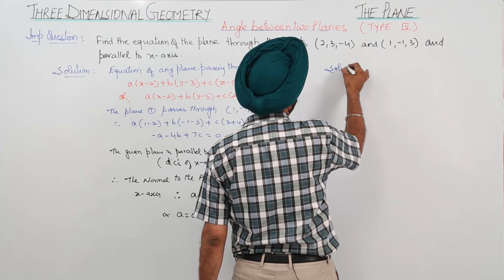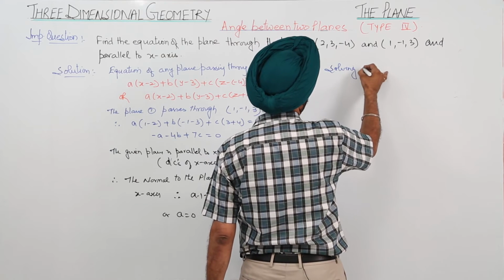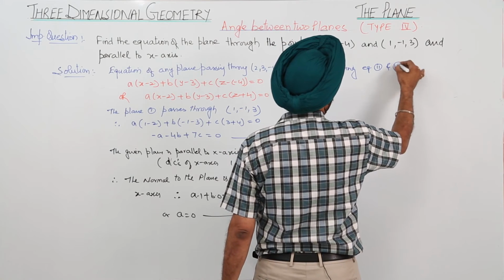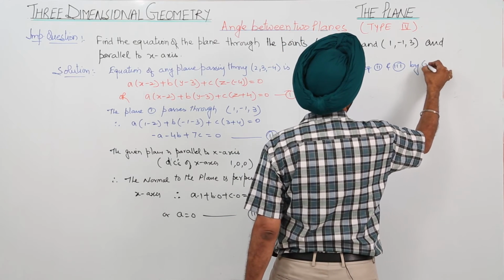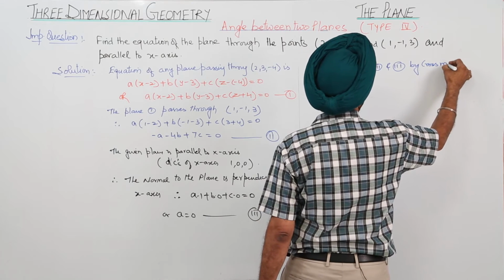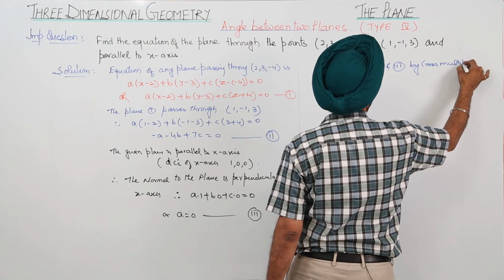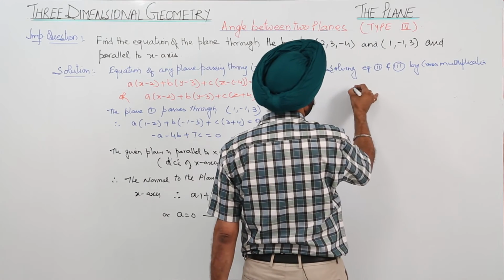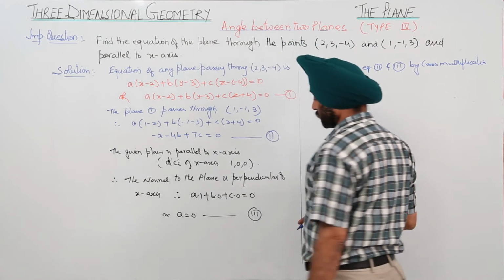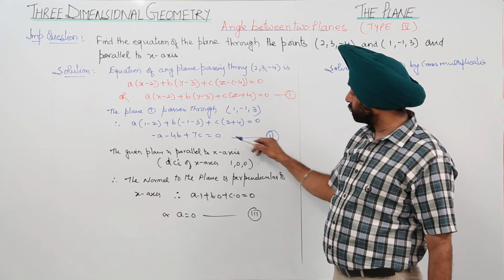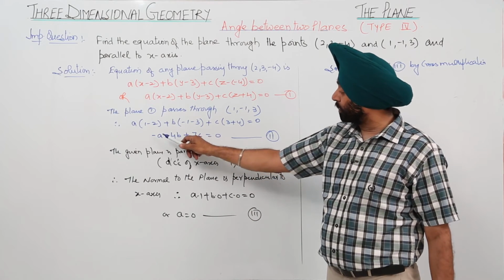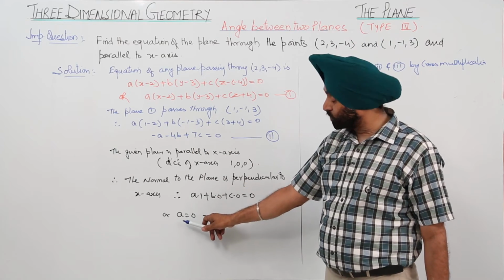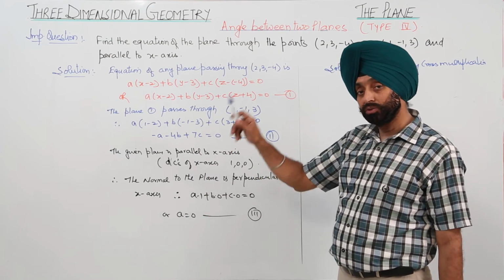Now solving equation 2 and equation 3 by cross multiplication, now here coefficients of the variables are -1, -4 and 7, and here the coefficients are 1, 0, 0.